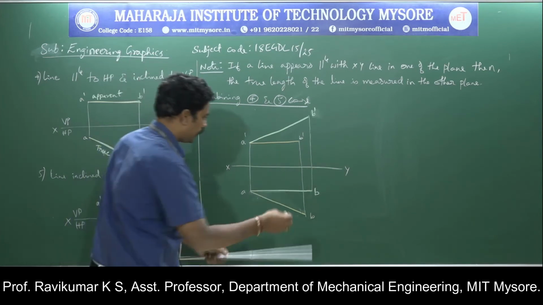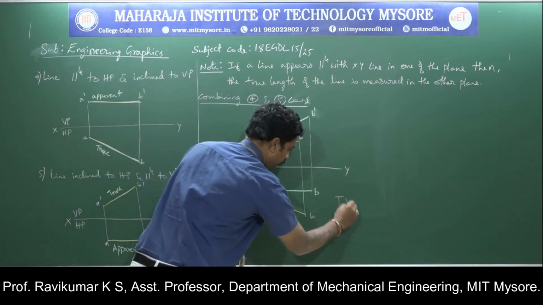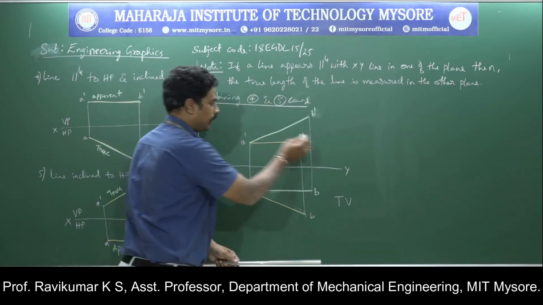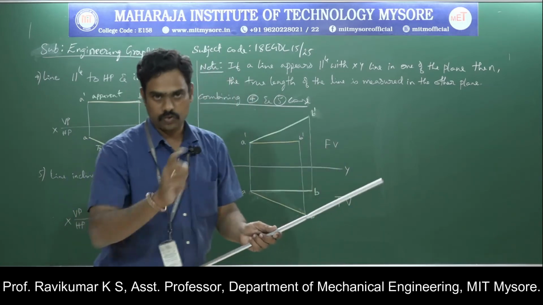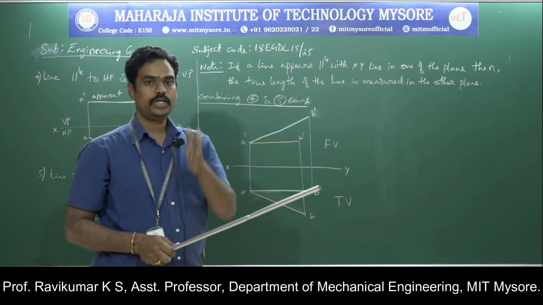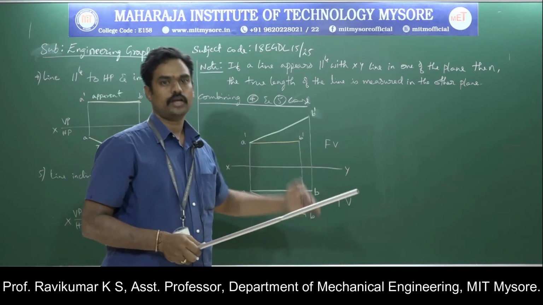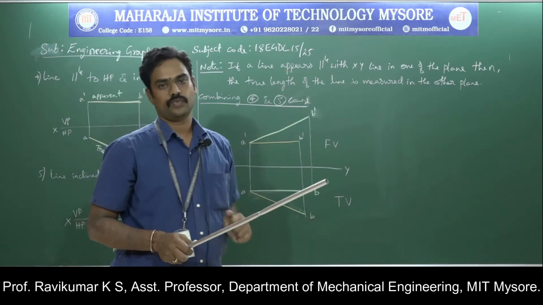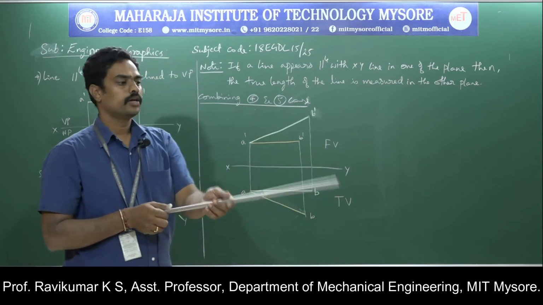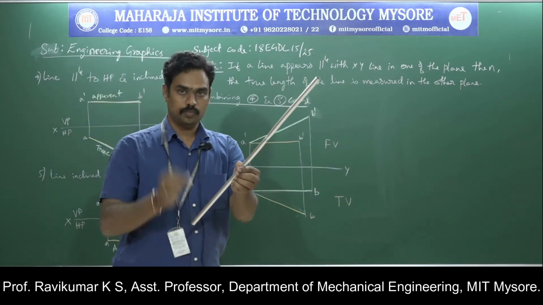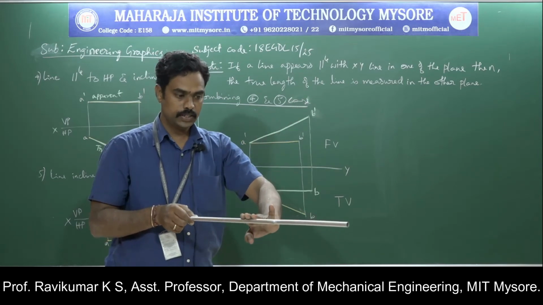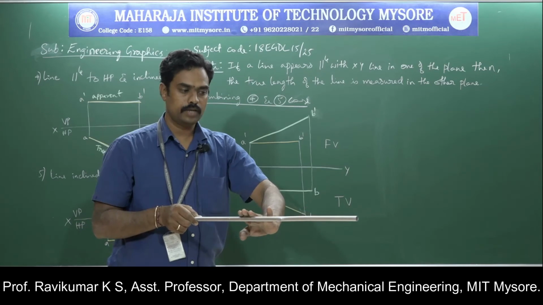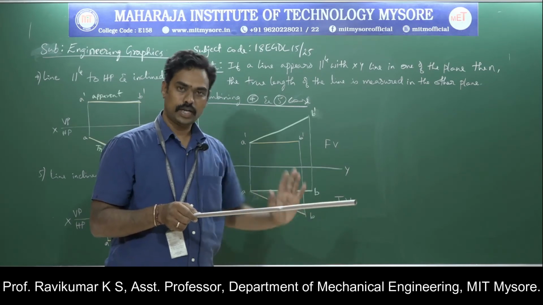Whatever you write below the XY line will be the top view, and whatever you write above the XY line will be the front view, because we will be dealing with the first quadrant. In the first quadrant, the top view falls below the XY line and the front view above it. So from the line inclined to both the planes, I have taken off the inclination with respect to HP, thereby making this line parallel to HP and inclined to VP.